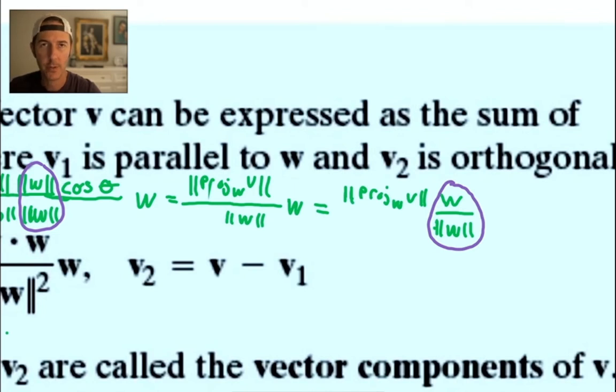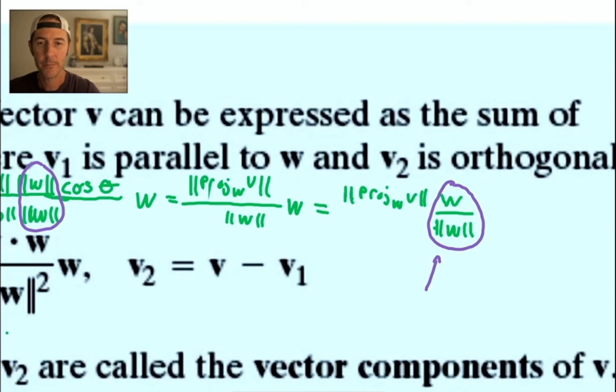Of course, a vector divided by its own magnitude results in a unit vector aiming in the same direction as the original vector. So when we take w and divide it by its own magnitude, we get a vector that points in the same direction as w, but that new vector has a magnitude of 1. So you could write all of that down, okay?